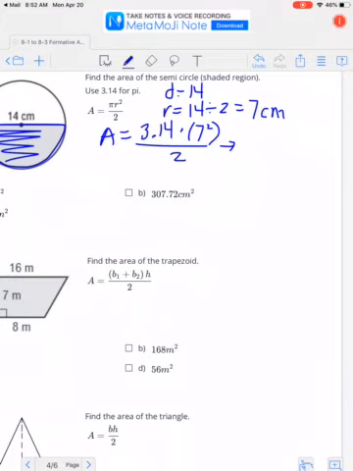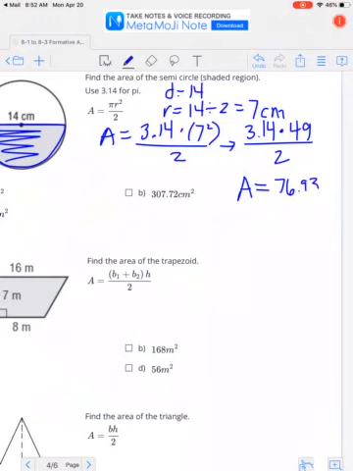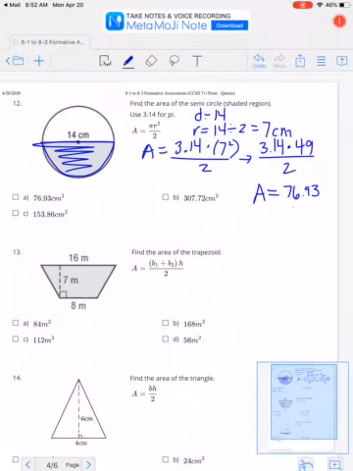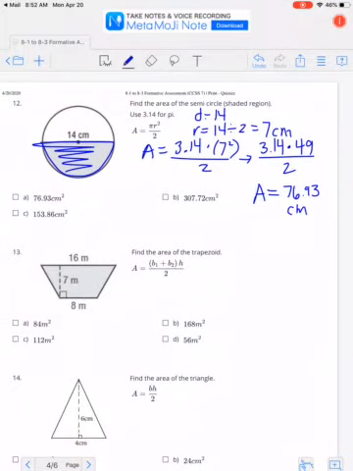So we're going to do area is equal to 3.14 times your radius squared divided by 2. So I would have 3.14 times 49, because 7 times 7 is 49, divided by 2. And you go ahead and plug that into your calculator, and you would get 76.93, and this would be centimeters squared.